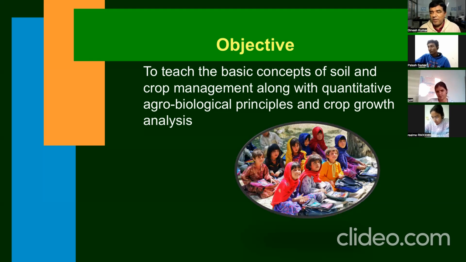For example, conservation agriculture has three principles, isn't it? What are the principles? Principles are that you go for zero tillage or no tillage. Number two, 30% of the soil should be covered with residues or mulch. Third is crop diversification. So these are three principles.